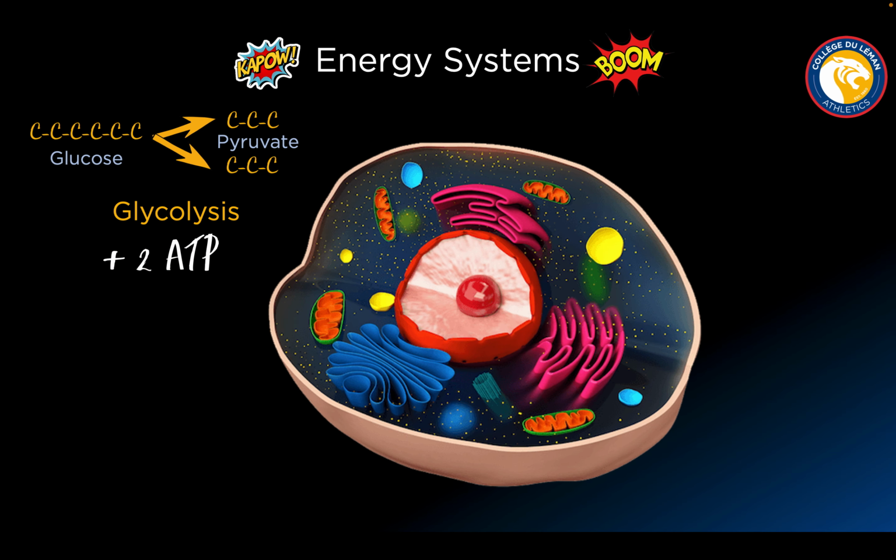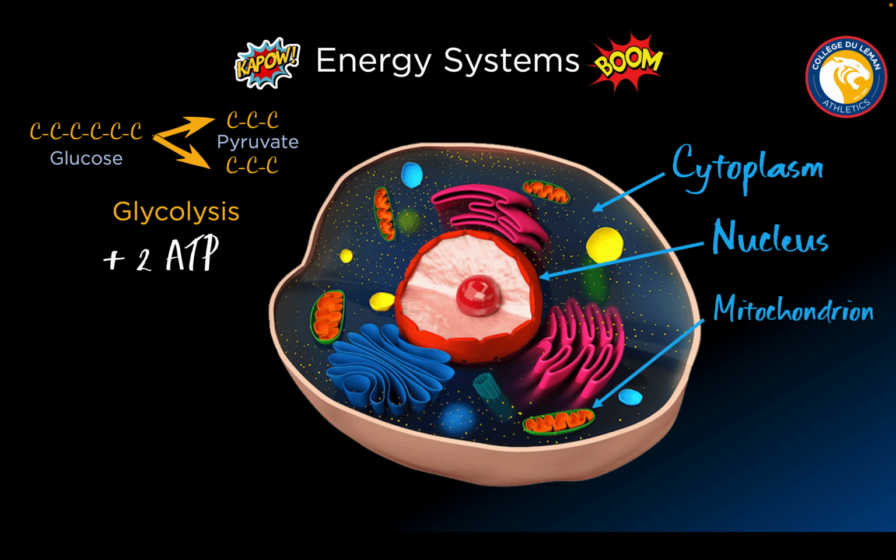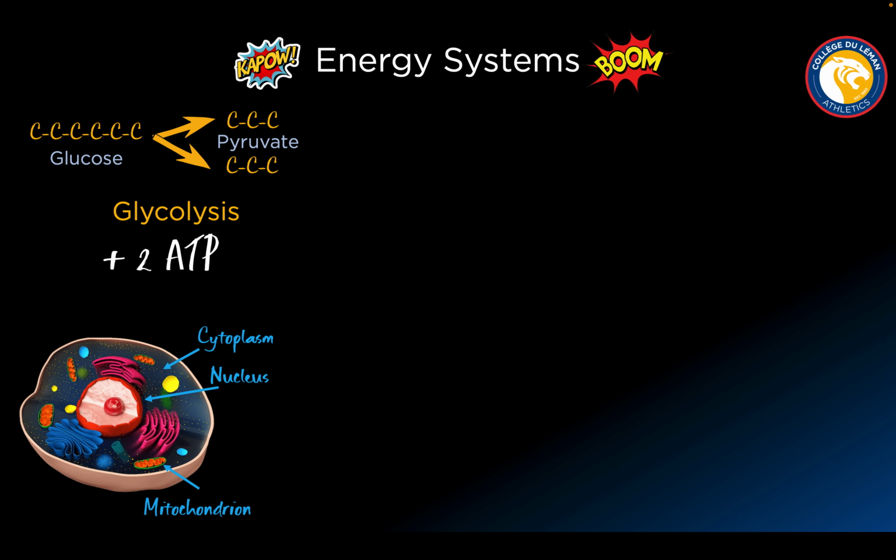So glycolysis has got us 2 ATPs. There's our cell. That's just a fancier drawing of what we were looking at before. And this glycolysis happened in the cytoplasm of the animal cell. We've got the nucleus there. There's a mitochondrion down there, the powerhouse of the cell, which we're going to look at in a little more detail coming up.